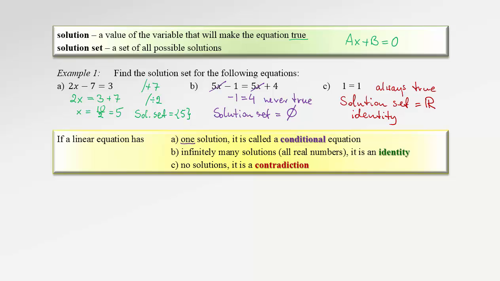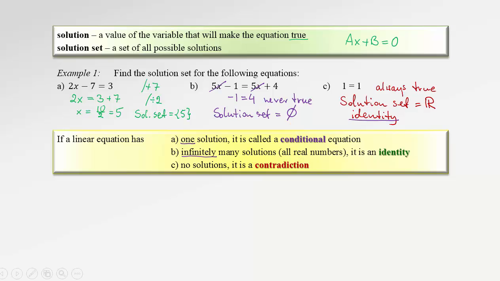If the linear equation has infinitely many solutions, if all real numbers are the solutions, such an equation is called an identity, like the last example. That was an identity. And finally, if the linear equation has no solutions, such an equation is called a contradiction, and that was the middle example. The solution set was empty.